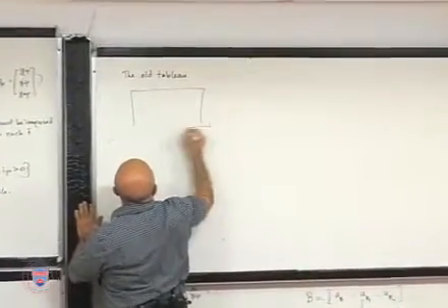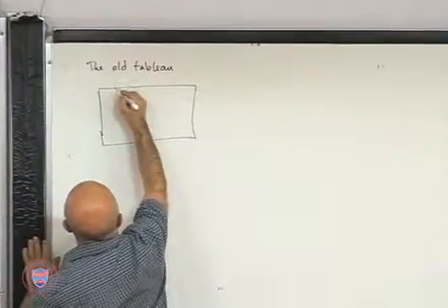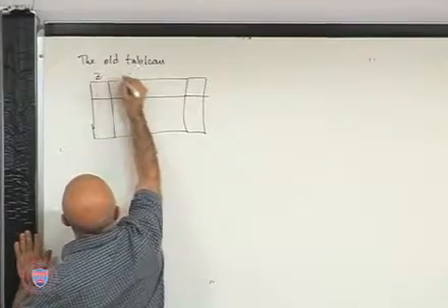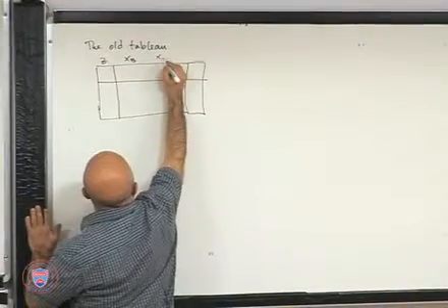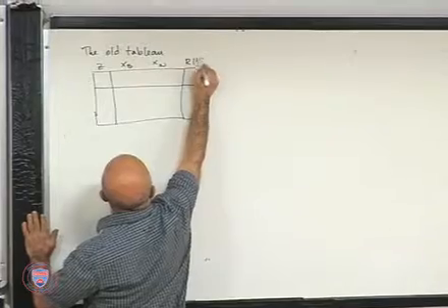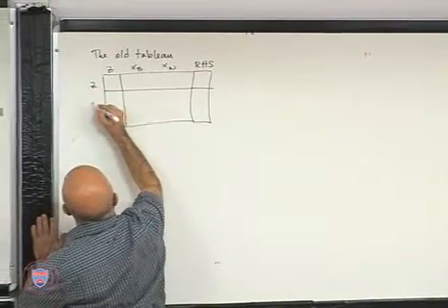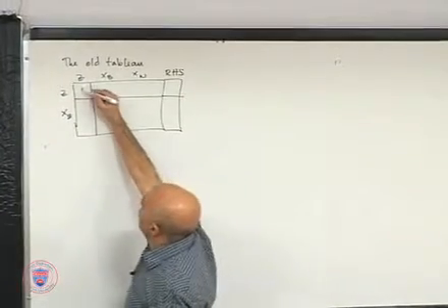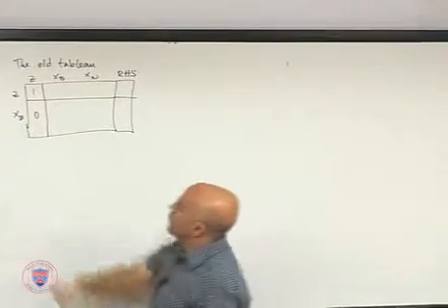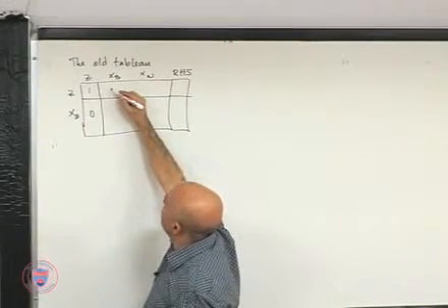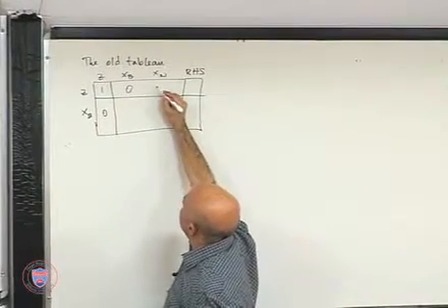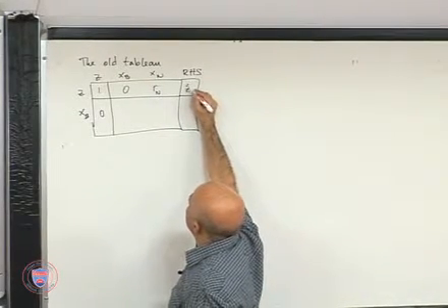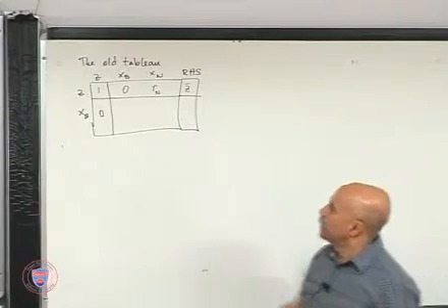So the old Tableau has the following information. Basic variables: you've got 1, 0 here, you've got a vector of zeros here, you've got Rn for Xn, and you have Z bar for that one.